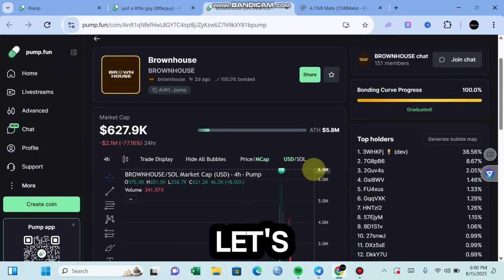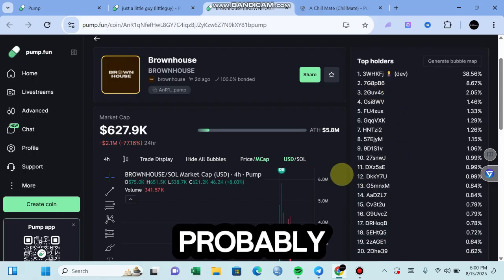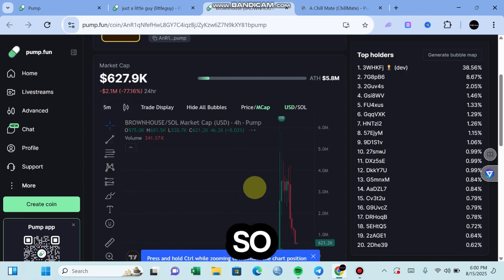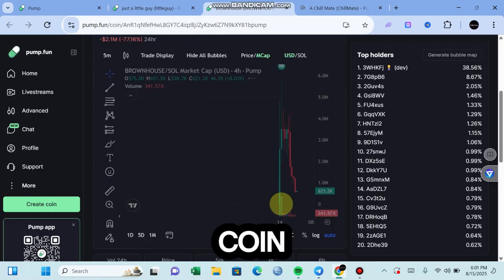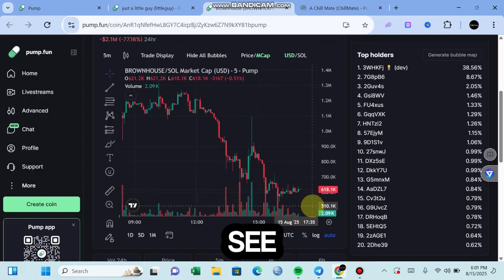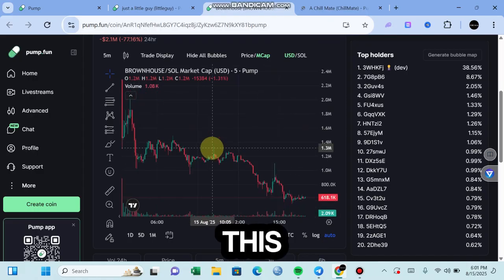And let's look at the chart. You can see the dump. Let's set this to 5 minutes, so you can see the chart very well. The coin went to about 6 million, and I think a few persons sold. I can see the coin has gone to 600k. This is what I'm talking about.